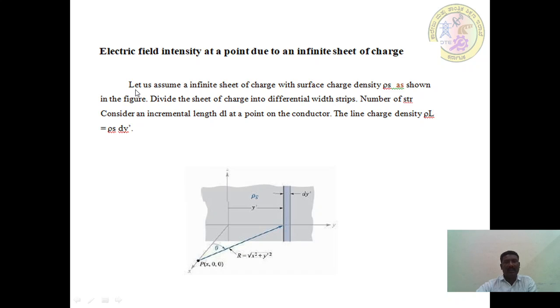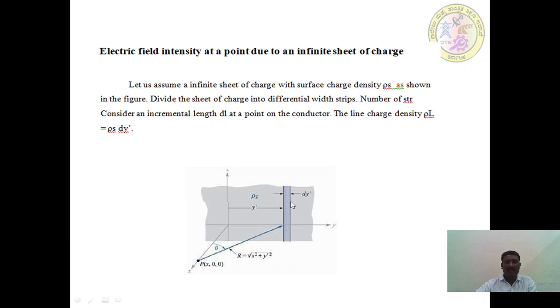See this? Let us assume an infinite sheet of charge with a surface charge density rho s, as shown in the figure. This is one complete surface over which one strip is to be considered.